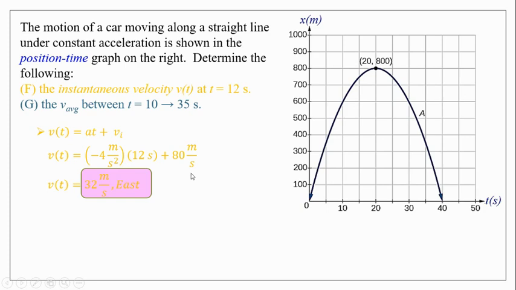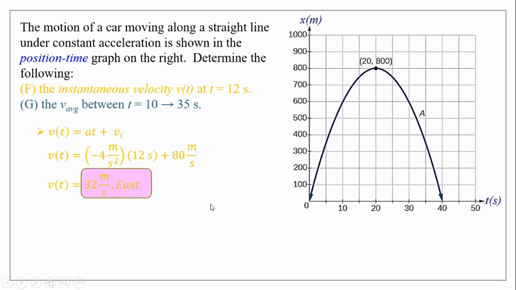So the answer of 32 is less than 80, which is reasonable. If you get an answer that's bigger than 80, you definitely should be checking the answer because that wouldn't make any sense. Here my answer falls between 80 and 0 because it comes to a stop during a time of 20 seconds, and 12 seconds is between 0 and 20, so I know that is a reasonable answer.